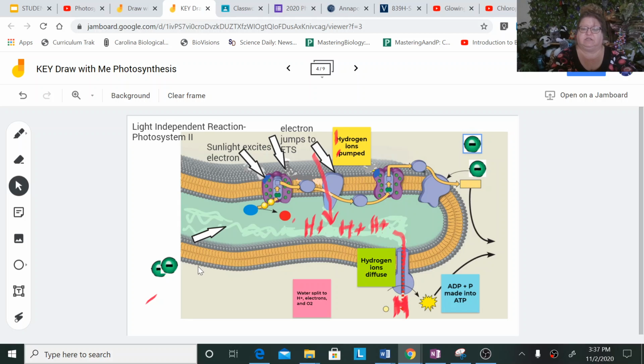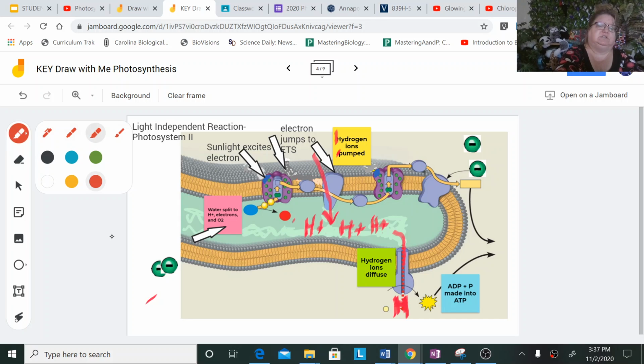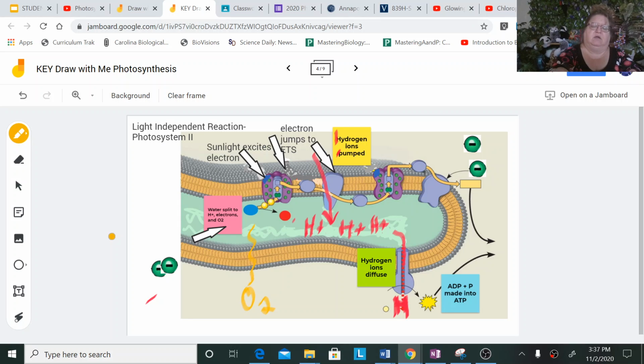Now where are these electrons coming from? Well, water is getting split into hydrogen ions, electrons, and oxygen. Now the oxygen just ends up leaving, so there's our oxygen gas just leaves. We don't care about that, but the electrons are going to replace the electrons lost, and this keeps happening.